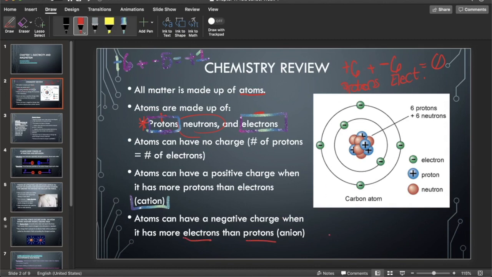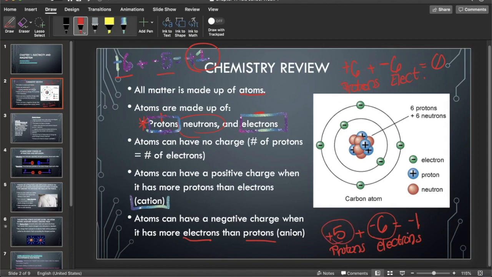So if you have 5 protons plus negative 6 electrons, you're going to get a charge of negative 1. It works just like any other math course: more positives than negatives gives a positive number, and more negatives than positives gives a negative number. That's just a review from last semester.